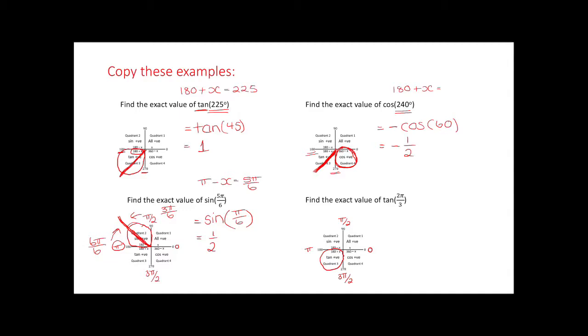So similar to that previous example, I'm going to get some common denominators here. So I'm going to use 3 as my common denominator. So pi would just be 3 pi over 3. 2 pi over 3 would lie in this direction. Now, for your common denominators this time, you are going to have to change this slightly because 3 and 2 are going to have to go up to 6.